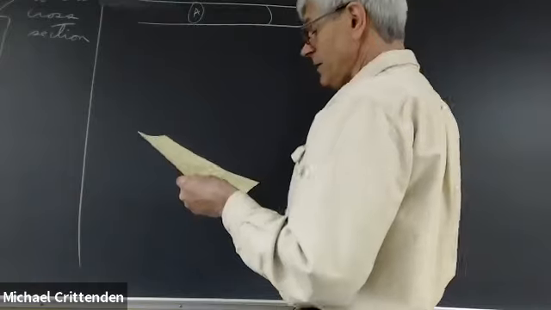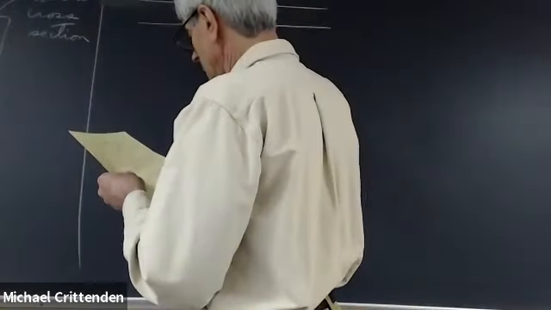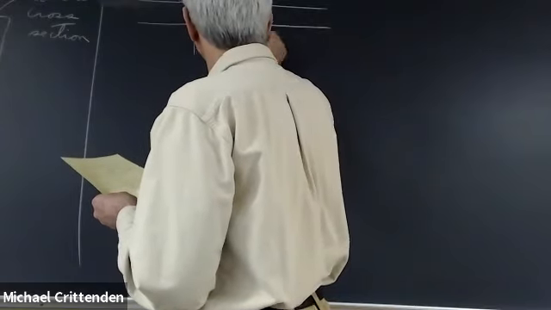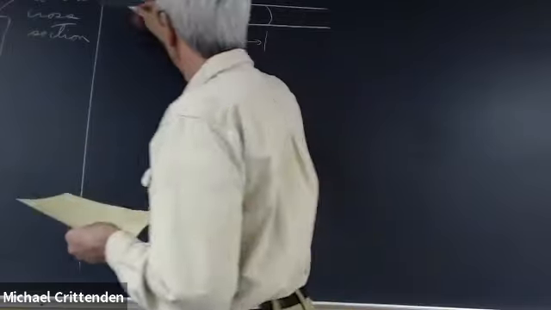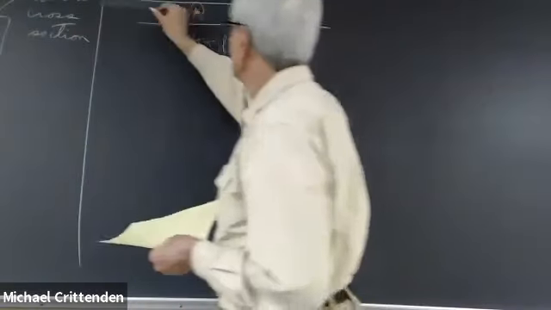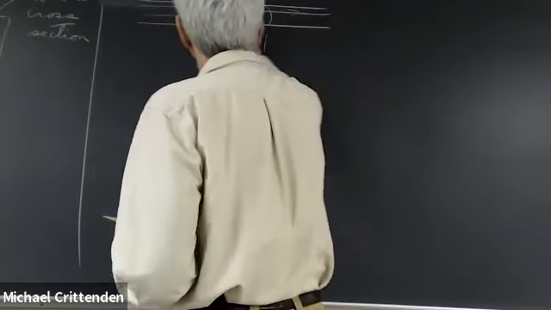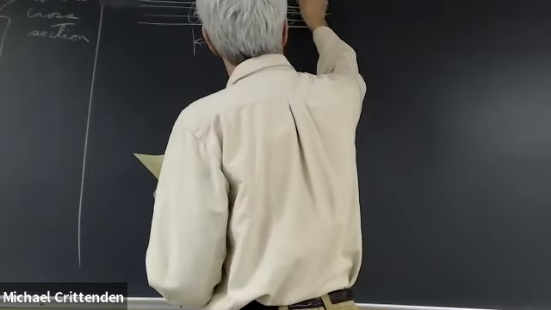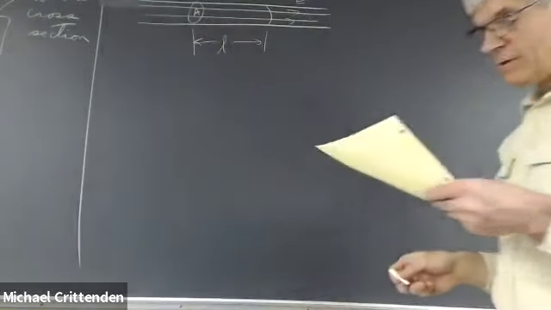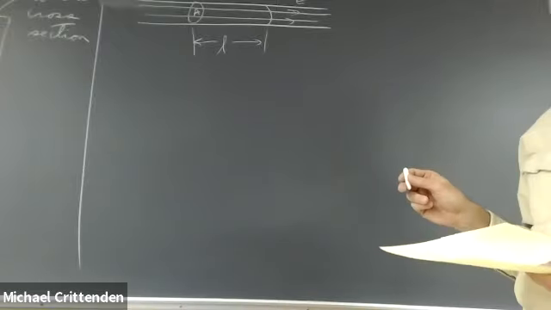Let's consider a section of a wire whose length is L. And beyond the edges of the picture, there's a battery or some sort of a voltage source anyhow that creates an electric field inside this wire.